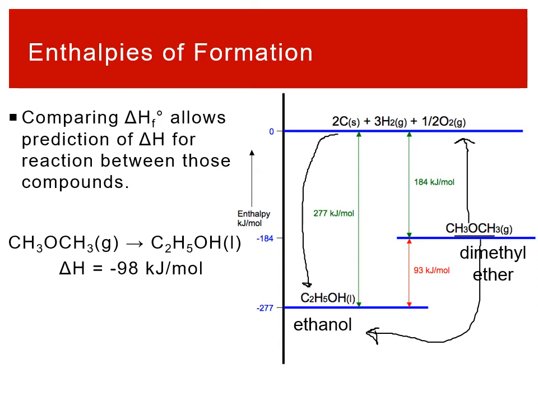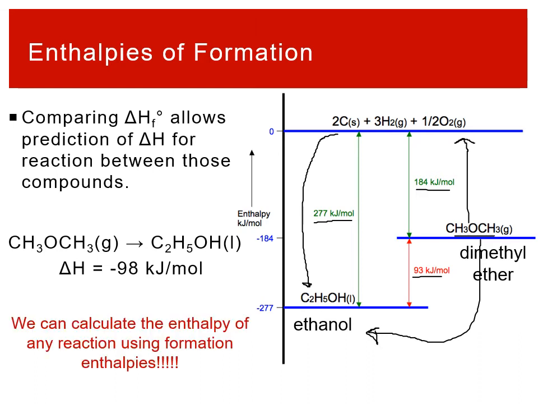The reason we think about it that way is because these delta HFs are tabulated values. So we can look up those numbers, do some subtraction, and figure out the delta H of the reaction I'm interested in. That's a really useful tool that lets me make predictions about delta H for any reaction with these tabulated delta HFs. That's super powerful.